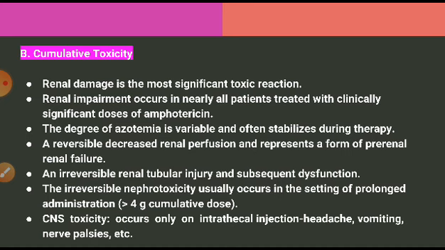The irreversible nephrotoxicity usually occurs in the setting of prolonged administration, more than 4 gram cumulative doses. It has some minor CNS toxicities as well, but it only happens when intrathecal injection is given: headache, vomiting, nerve palsies, etc.